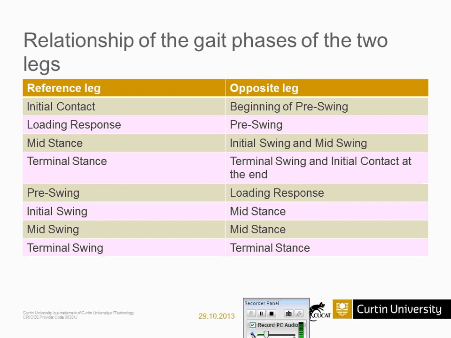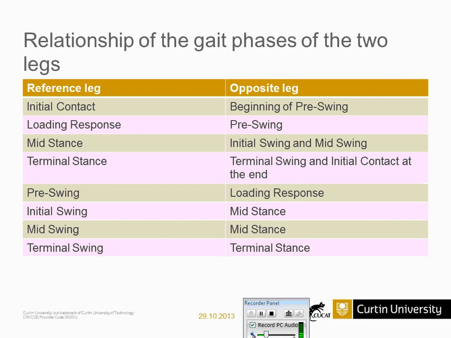And we may relate the phases of one leg, or the reference leg, with the phases of the other leg, as you can see in this diagram as well as here. The initial contact point of the reference leg is the beginning of the free swing of the other leg.